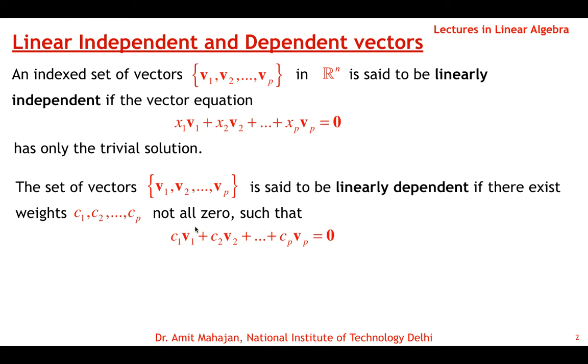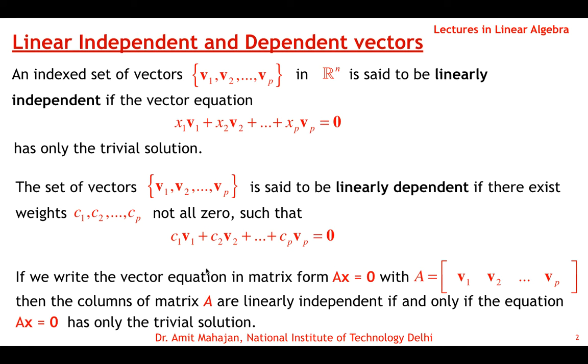That means if this homogeneous system of equations is satisfied for at least one non-zero constant, or simply saying, if it is satisfied by a non-trivial solution, then the vectors v1, v2, vp form a linearly dependent set.